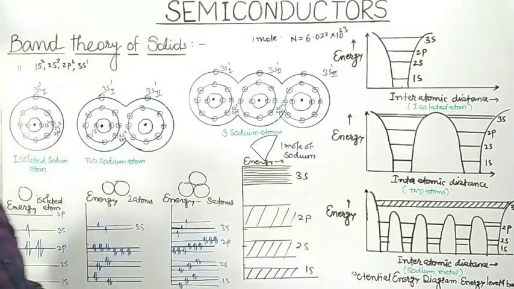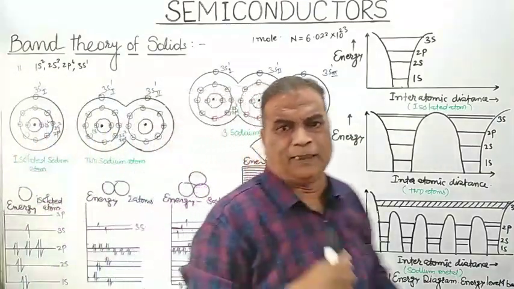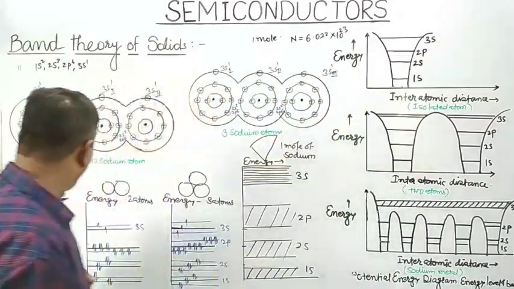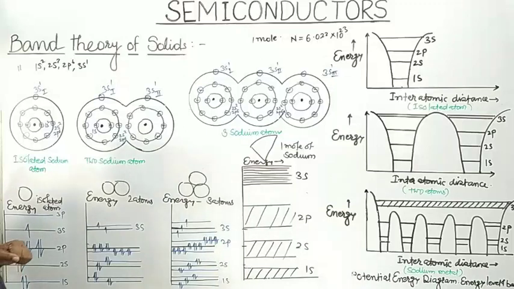Remember that according to Pauli's exclusion principle, no 2 electrons can have the same set of quantum numbers.